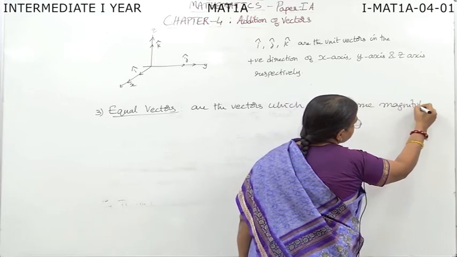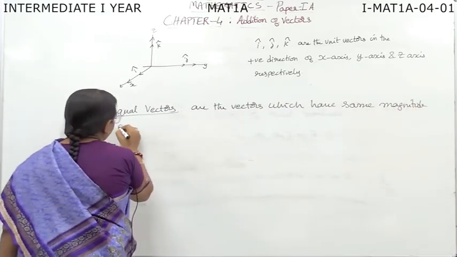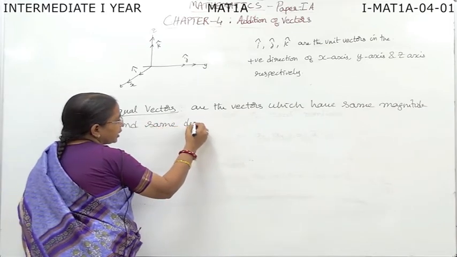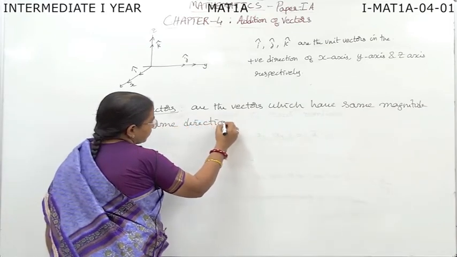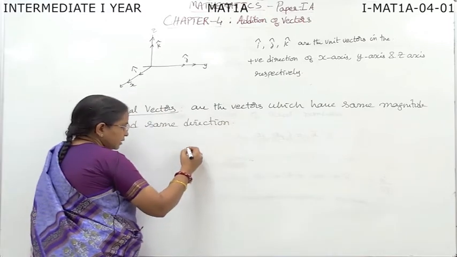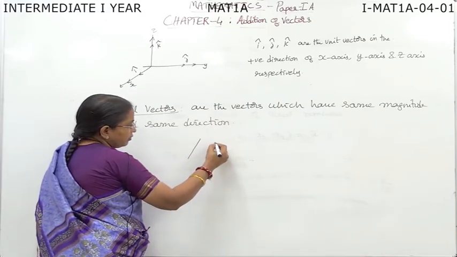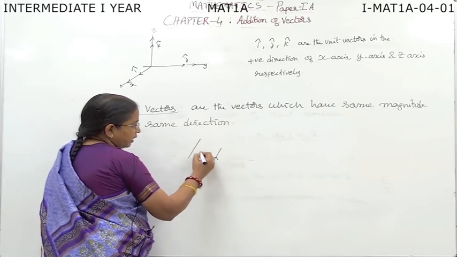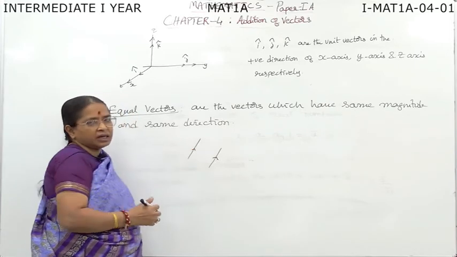Now see, suppose you have vectors having the same length and the same direction. So these are equal vectors.